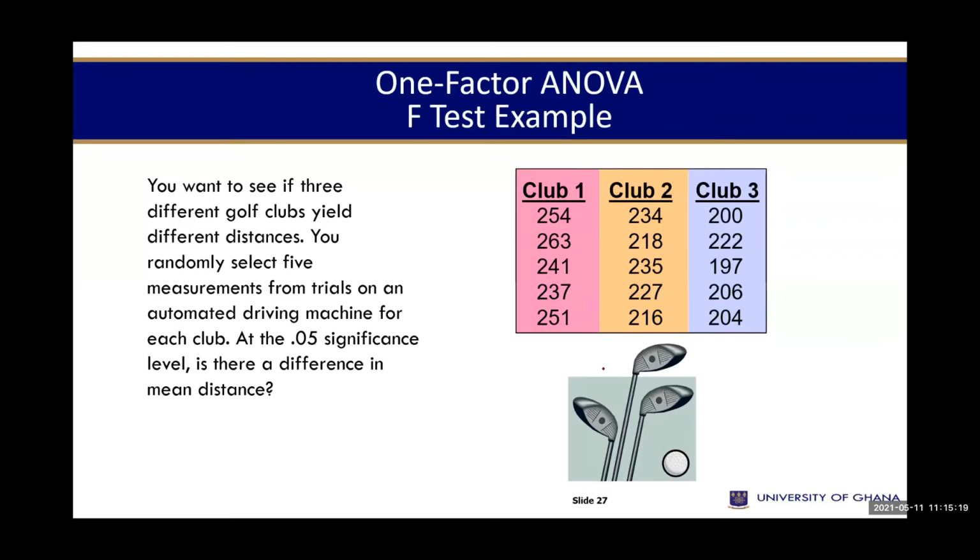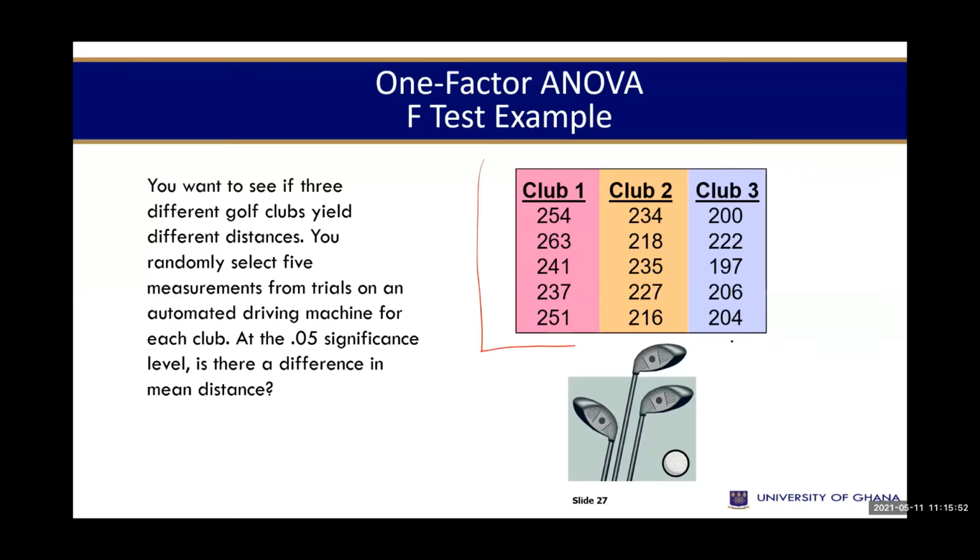We want to see if 3 different golf clubs yield different distances. So we randomly selected 5 measurements from trials on an automated driving machine for each club. At 5% significance level, we want to know if there is a difference in the mean distances.